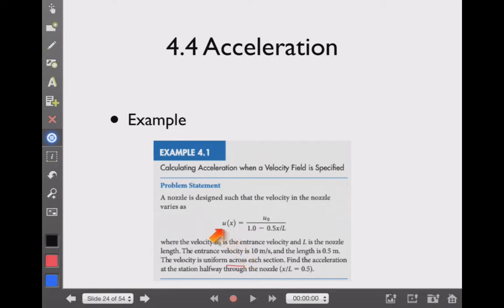So that's kind of a confusing point. So the velocity in general is not uniform because it does depend on x, but it is uniform across each cross-sectional area of the nozzle.